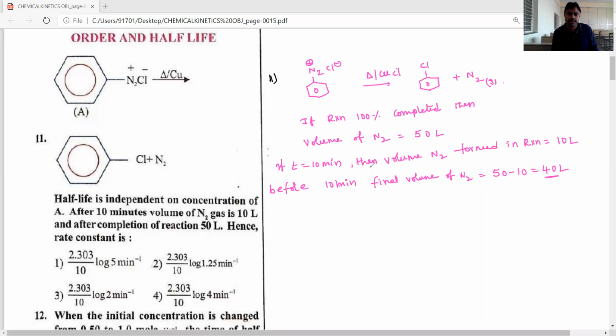Then we have to find out the rate constant. It is a first order reaction.